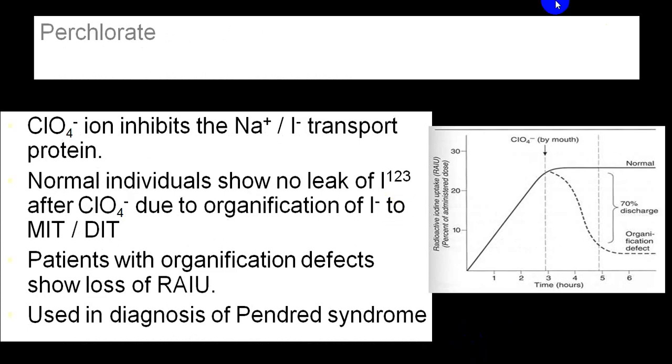There is another compound we call perchlorate. This perchlorate is very important to diagnose Pendred syndrome, in which the person has enzyme defects. This perchlorate ion, ClO4, inhibits the sodium iodide transport protein, because of which the individual shows no leak of I-123 after perchlorate treatment, and that is utilized for identifying Pendred syndrome.